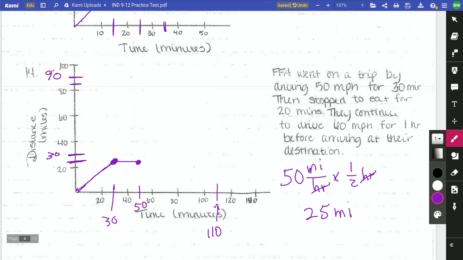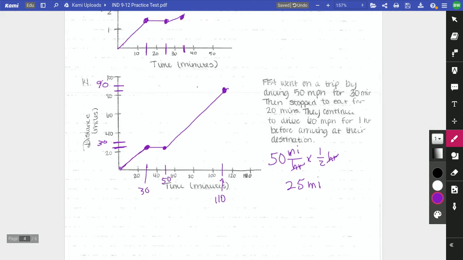And so at 110 minutes, they're at 85, which we marked a while ago on the distance on the y-axis. So it's about right there. Okay. That's 110 and 85. So we just connect that, and that's it.